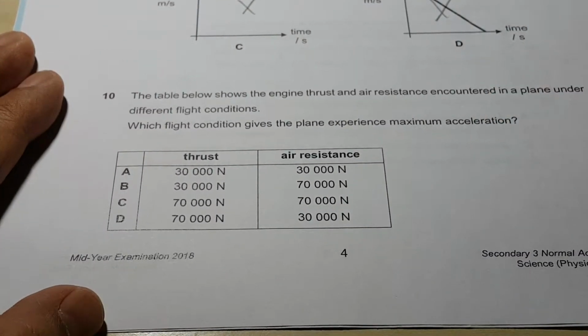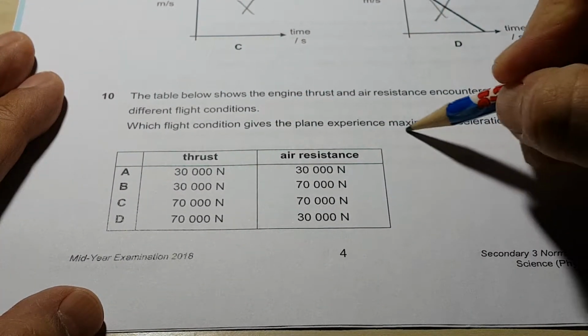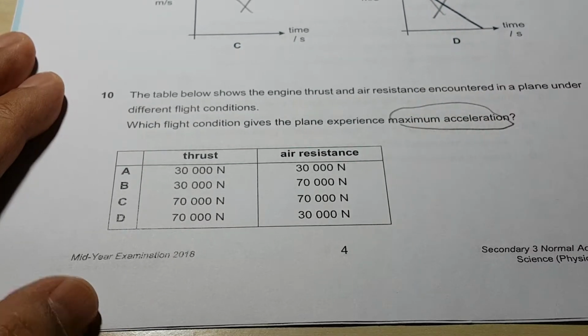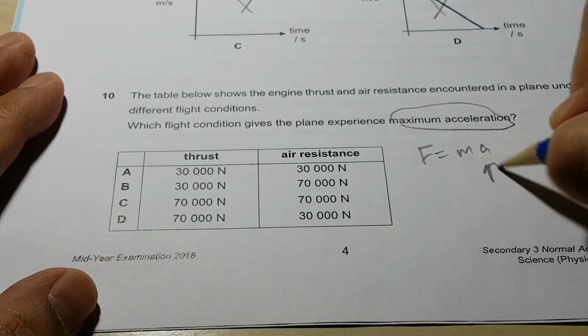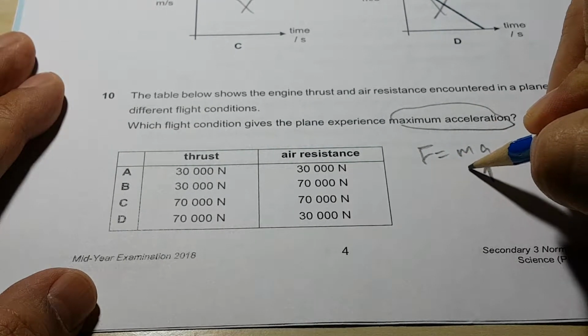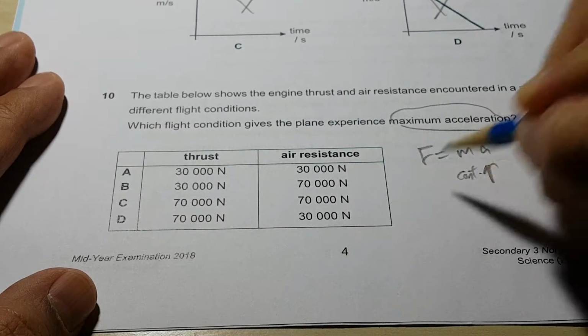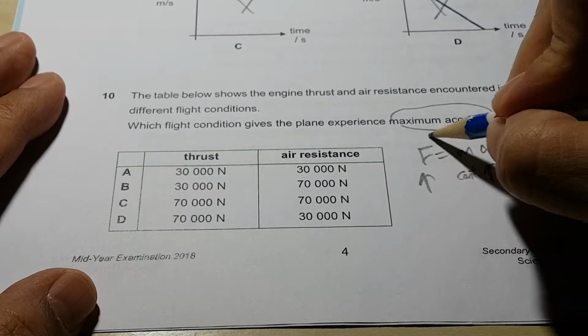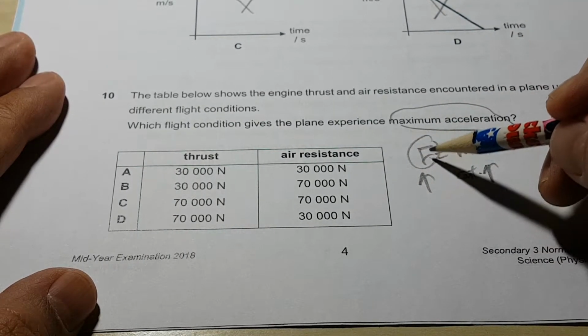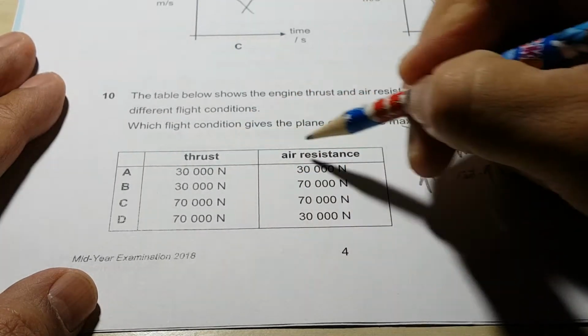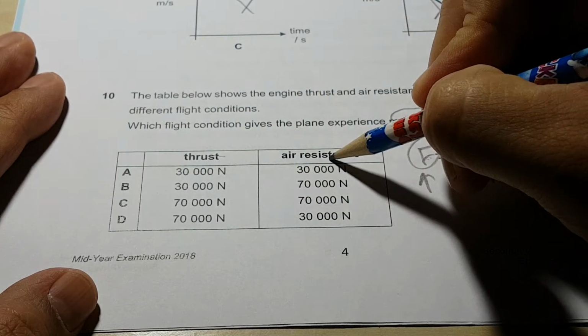Okay, question 10. Which one gives maximum acceleration? Okay, so using F equals ma for maximum acceleration. Constant mass, must have maximum resultant force. So resultant force, how do I get? Resultant force is just thrust minus air resistance, right?